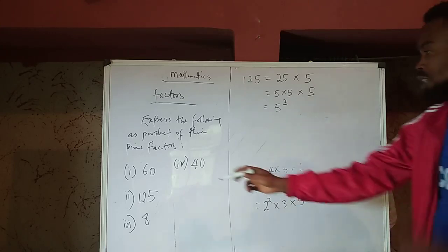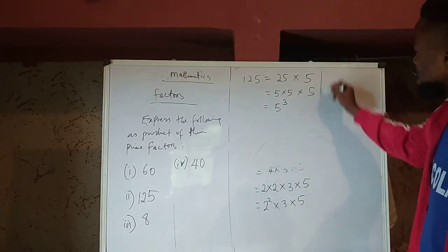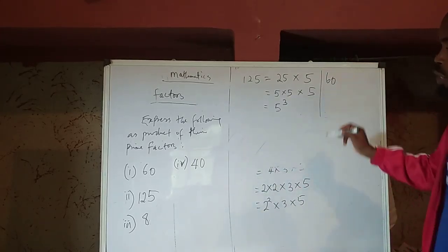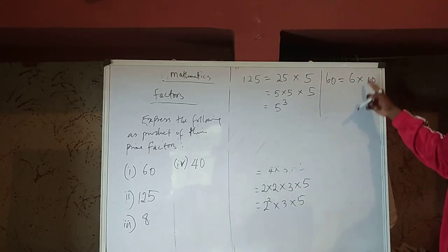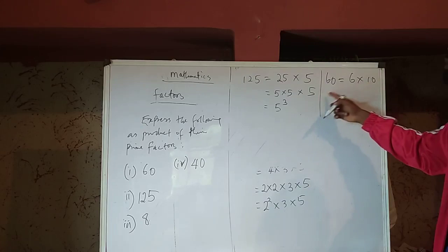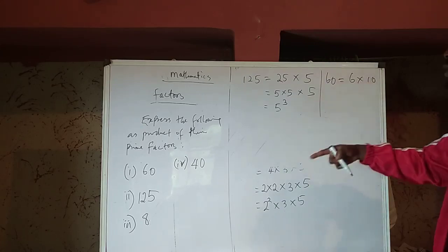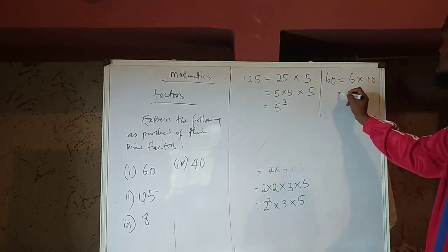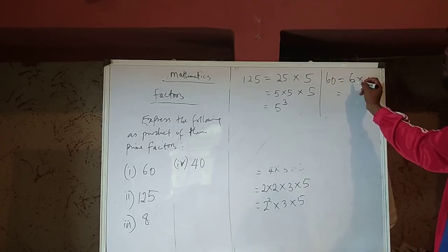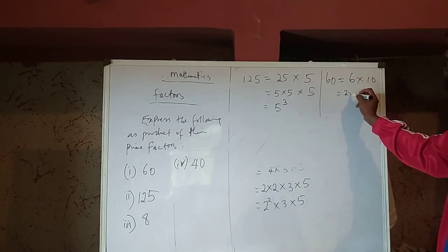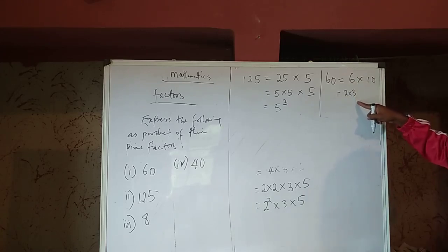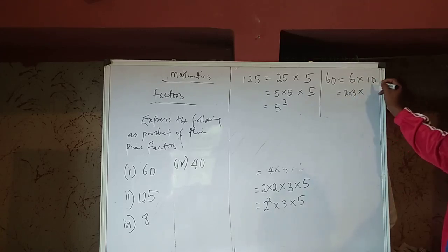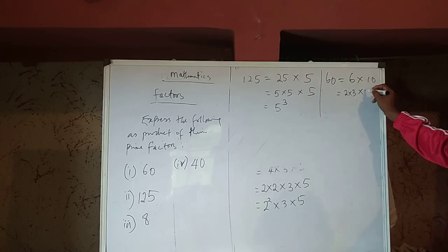Okay, let me take you back a little bit. Remember when we did 60? Now you can also do this 60 in terms of 6 times 10. Okay, 6 times 10 will also give you the prime factors of 60. So that means that we are going to have 60 as 2 times 3, because 6 is 2 times 3 in terms of the prime numbers, and 10 here is 5 times 2.